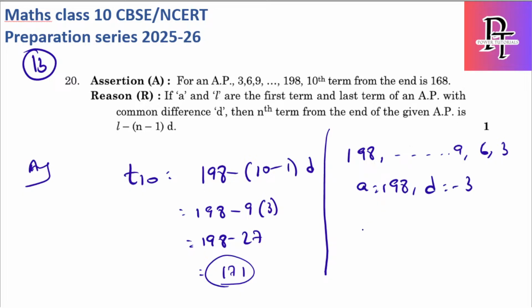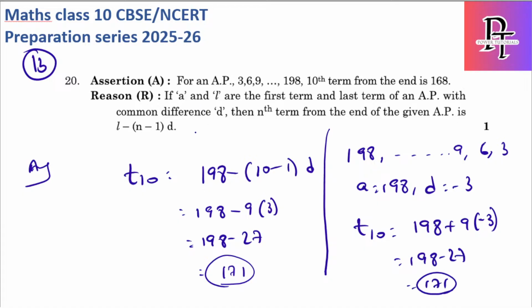Now let's find the 10th term from first, which is 198 minus 9 into 3, so which is 198 minus 27. So the same value we got, which is 171. So R is true, but the assertion is false. So the answer is D, where A is false and R is true.